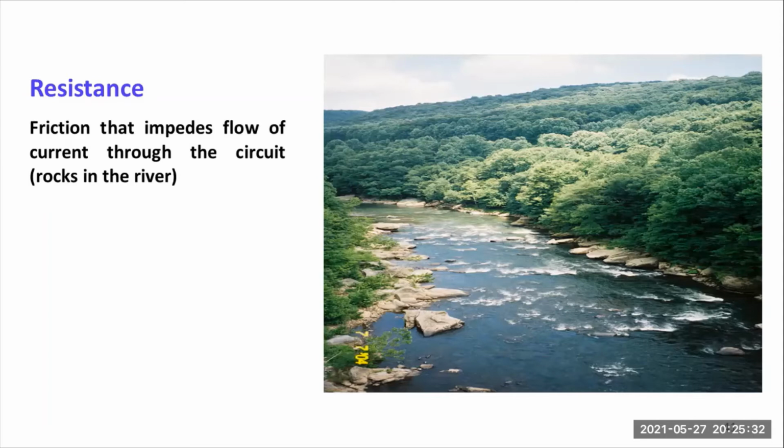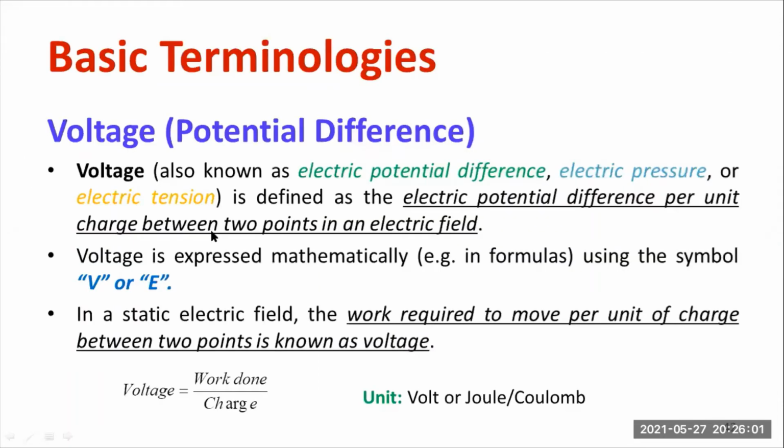Water flow can be compared with current. Because of these constraints like debris, branches of trees, shrubs and rocks, the water flow gets reduced. These things resist the movement of water flow, so that offers a certain amount of resistance. I hope you can compare it easily. It's a very good example. That means this offers a certain friction, so that is representing resistance.